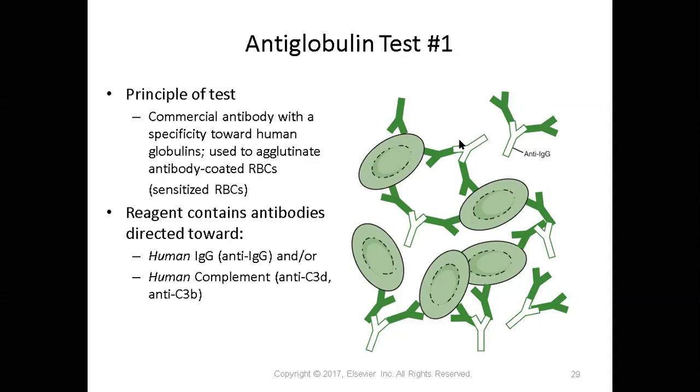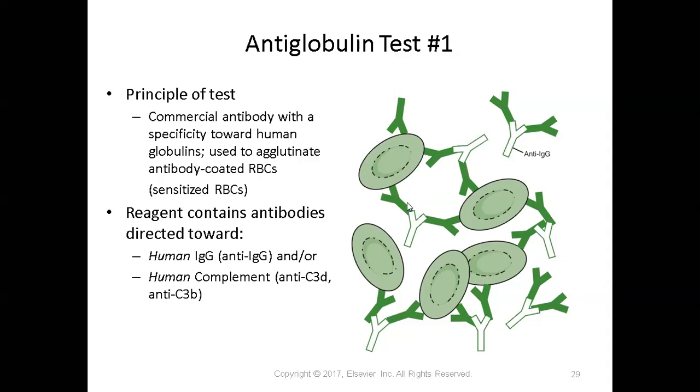So let's look at our picture here for a moment, and let's see what happens. When we have our original sensitization with the green antibodies attached here, we're not able to visualize it. When we add our antibody against IgG into our test system, remember, it's an antibody directed against IgG, so its target, its antigen in this case, is the IgG. It says, hey, there's my target, and it links on to these human IgG molecules.